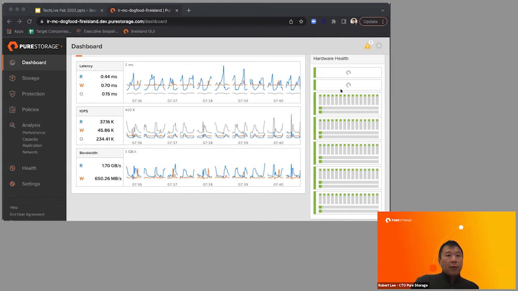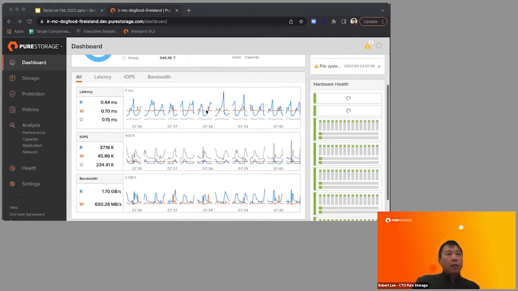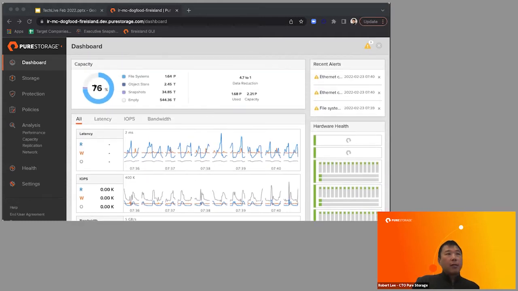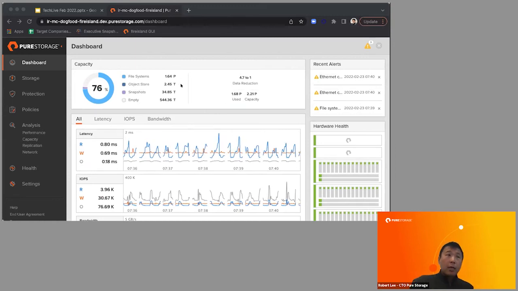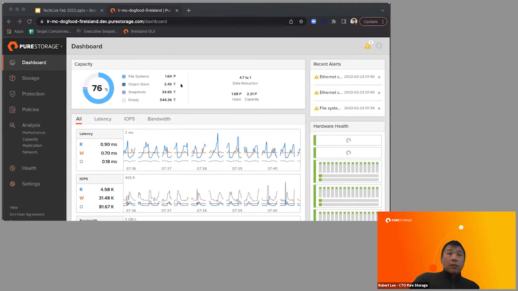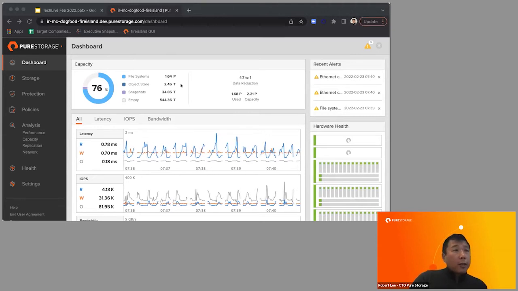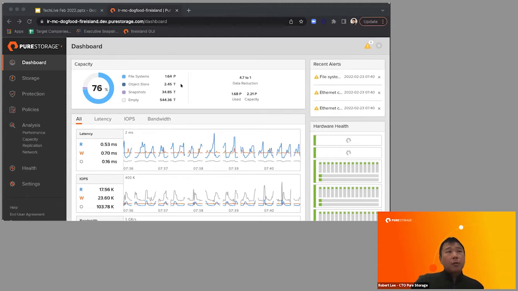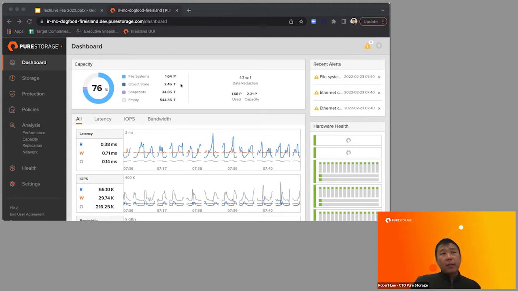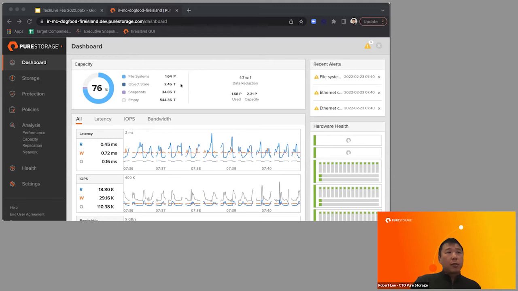So, quick dive in, what you're looking at here is the dashboard view. This is right now providing a little over a couple petabytes of storage, spread between file systems, object stores, as well as data protection snapshots.